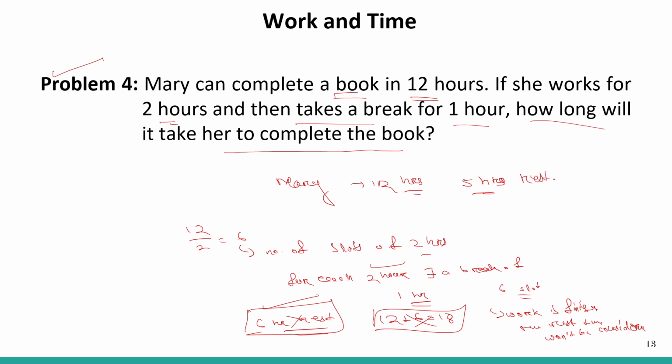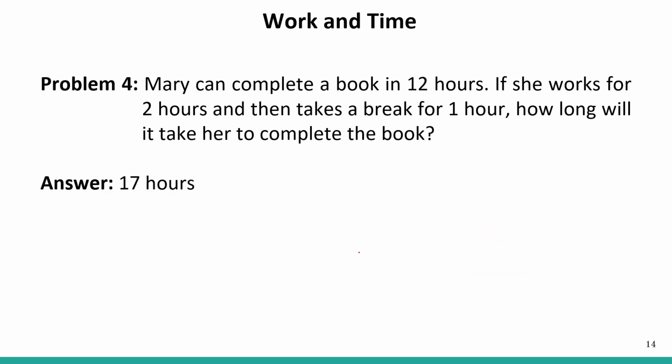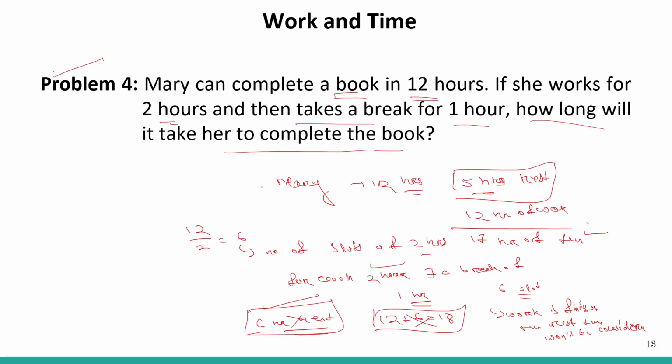So 5 hours of rest and 6 slots of 2 hours, that is 12 hours of work. Total work hours is 17 hours to complete the book. So the answer will be 17 hours.